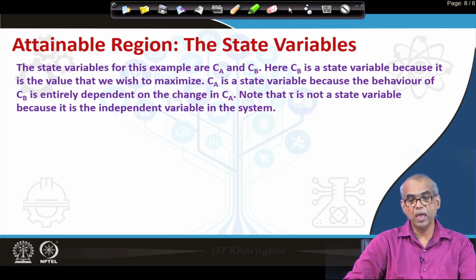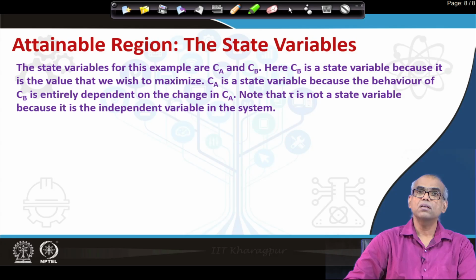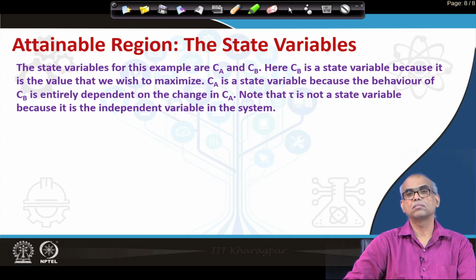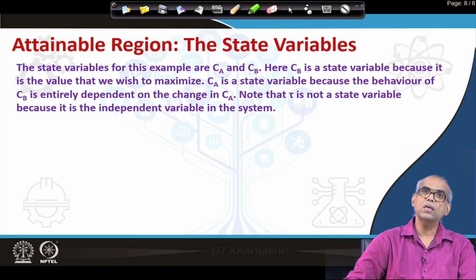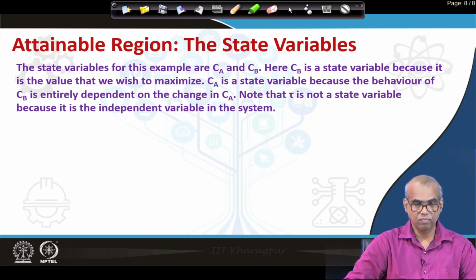The concentration of A is also a state variable because the behavior of the concentration of B is entirely dependent on the change in concentration of A. So, CA and CB are my chosen state variables. Note that tau is not a state variable, but an independent variable for the system.